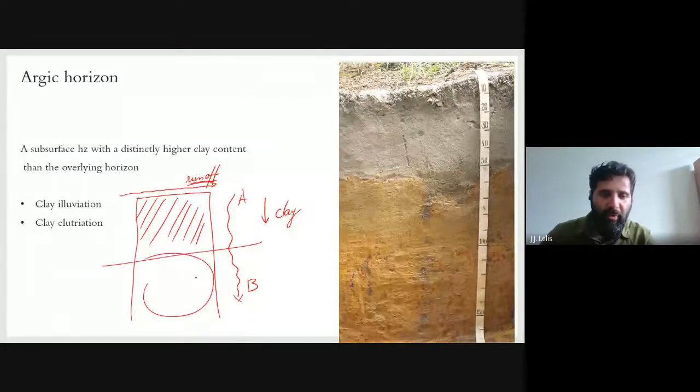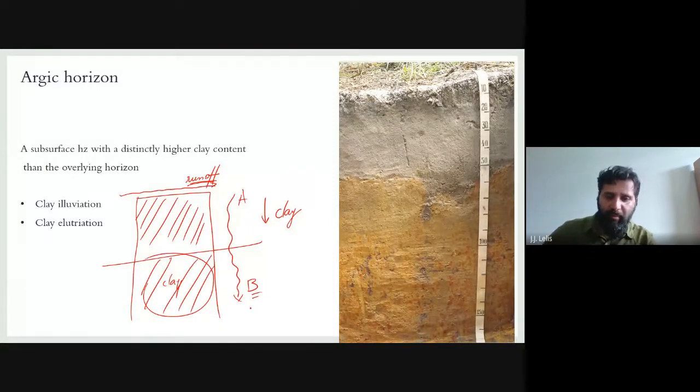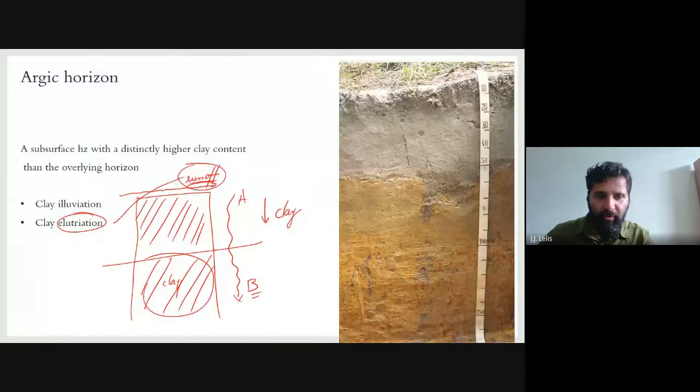And if we have a lot of weathering, we could create a lot of clay particles here. We could present a clay B or a clay-rich B horizon below a sandy A horizon. So the loss of clay by runoff is also related to the creation of an argic horizon.